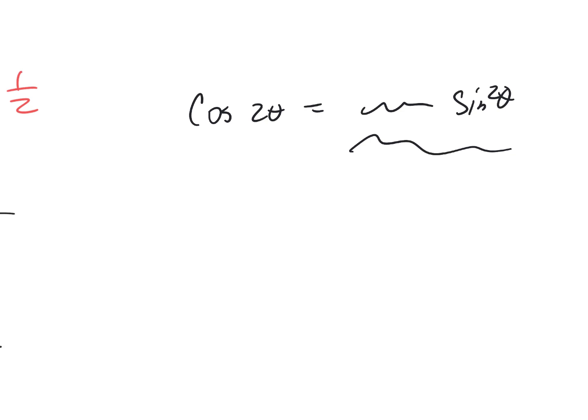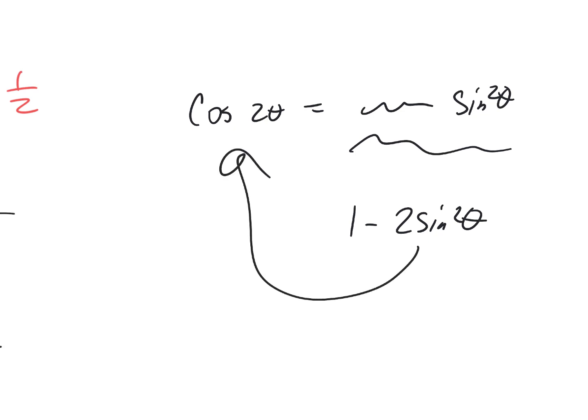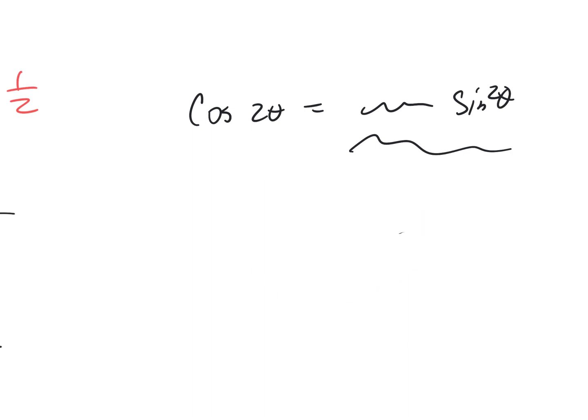There's actually 2 that you could use. If there's a sine squared in the problem, you'd probably use 1 minus 2 sine squared, because that's right off the sheet. You'd put this in for cosine of 2x, and then it would probably be able to simplify down to what you want. All right, so I'm just reminding you that for a cosine of 2 theta, there's 3 choices.